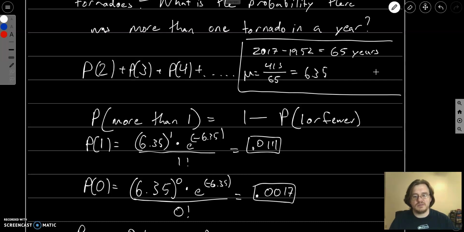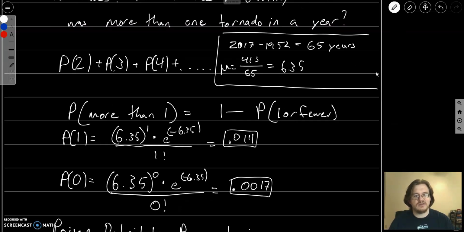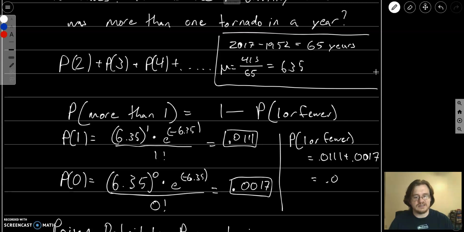So the probability that there were 1 or fewer tornadoes in a given year, I'm running out of space a little bit, the probability that there were 1 or fewer tornadoes, this is going to be 0.0111 plus 0.0017, which is 0.0128.